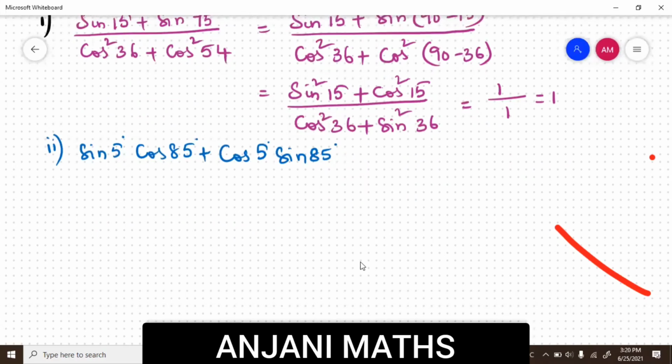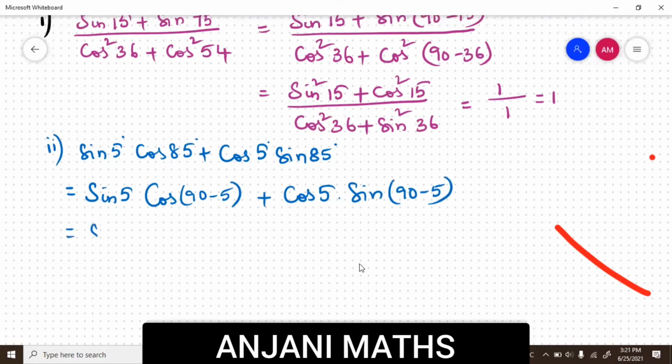See here, this is equal to sine 5, which we keep as it is. And if we observe this one, 85 plus 5 is 90. So how can we write this? Cos of 90 minus 5. Plus we keep cos 5 as it is, and sine 85 we write as sine of 90 minus 5.